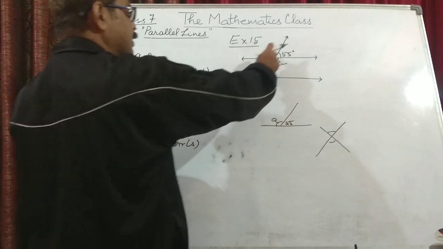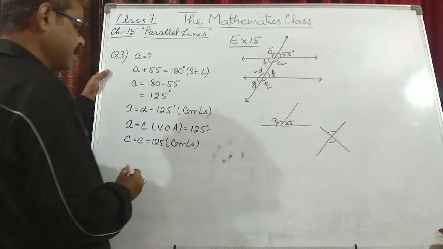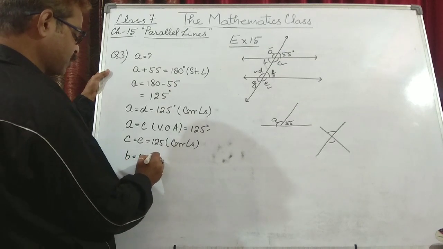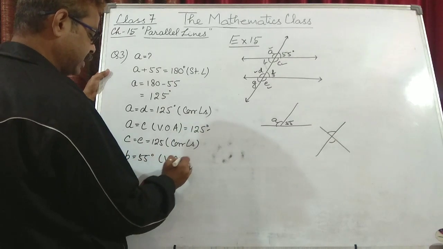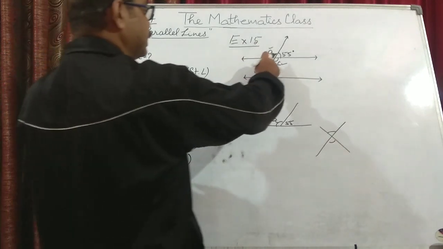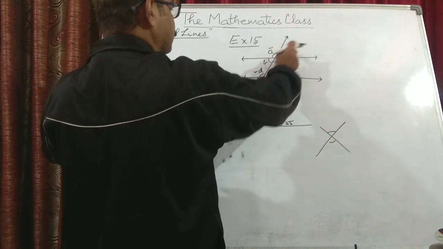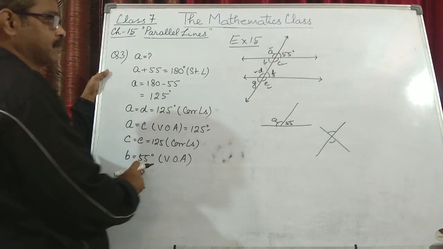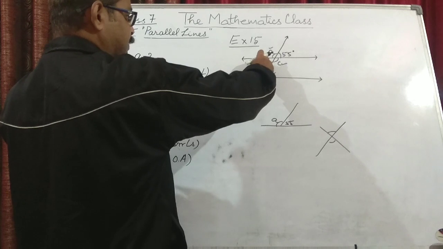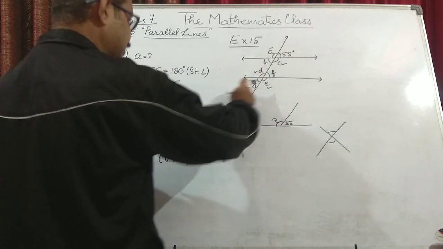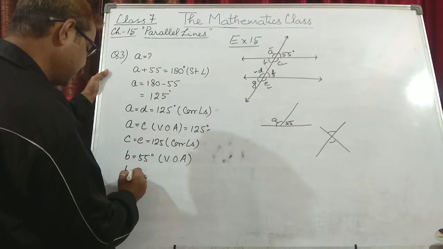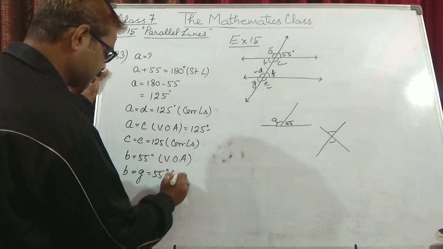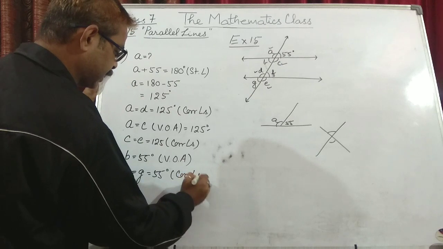Now angle B will be equal to 55 because B and 55 are vertically opposite angles, and we know that vertically opposite angles are equal. So if angle B is 55, the same will be angle G. Angle B is equal to angle G is equal to 55 because these are corresponding angles.